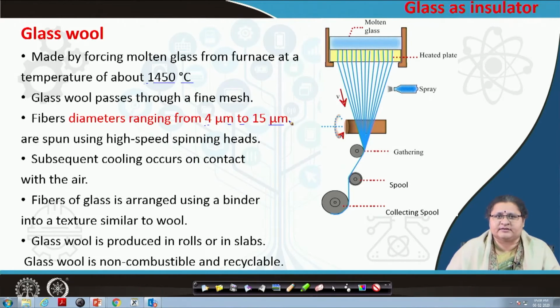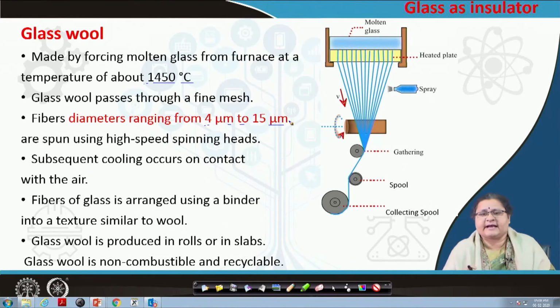That is the diameter, and they are spun by a rotating spinning head, and subsequently gradually cooled in contact with air. So, you have a gathering spool, a connecting spool. It is a diagrammatic representation of the entire process, and what you eventually get is very fine strands of glass.